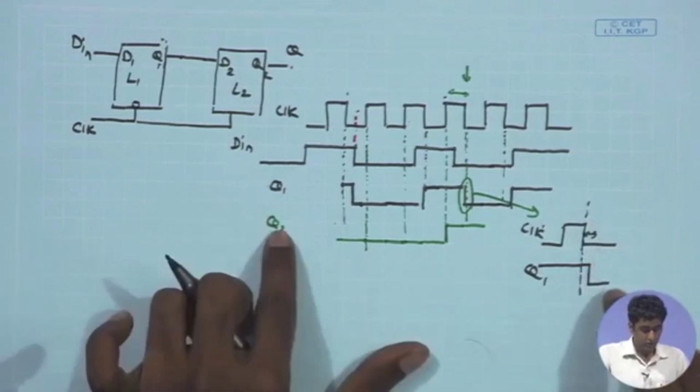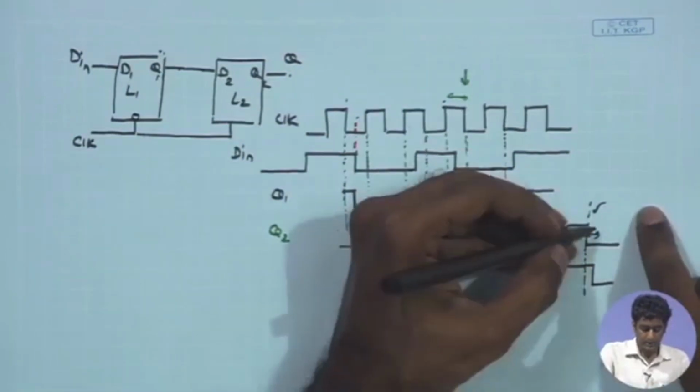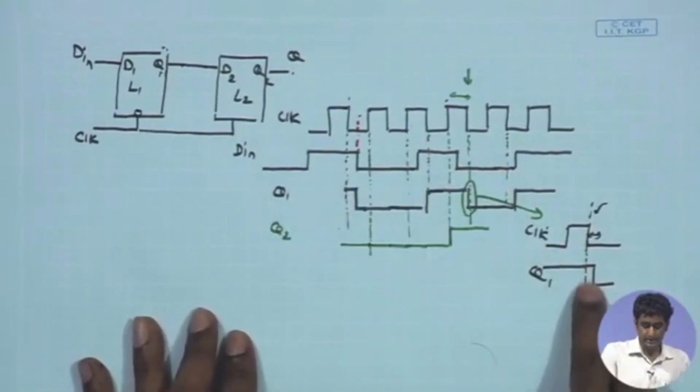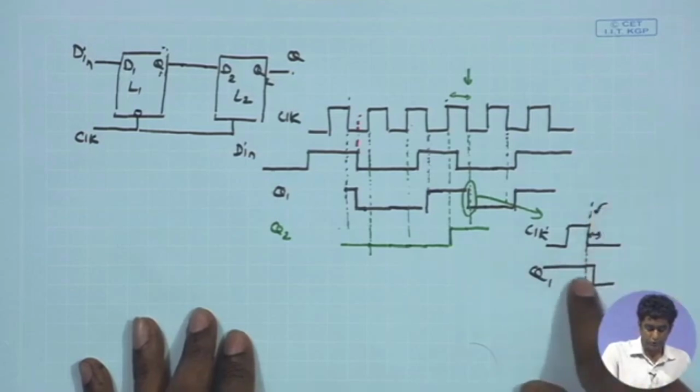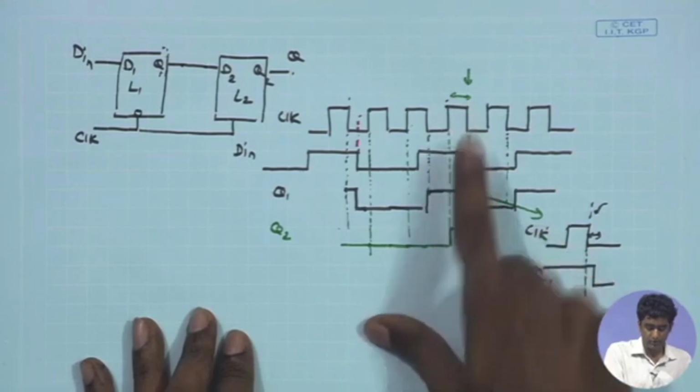So, for Q2, as the clock is turning low at the falling edge, it is receiving a high level. Q1 is remaining high and it is going to go low, it is going to have a transition at the negative edge of the clock.